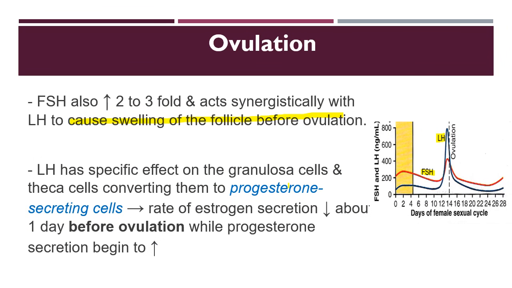The main function of LH is to act on the granulosa cells and the thecal cells, converting them to produce more progesterone. And then we will see that estrogen secretion will decrease about 1 day before ovulation, while progesterone secretion will begin to increase.